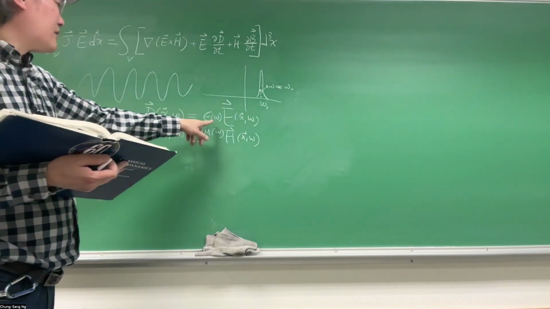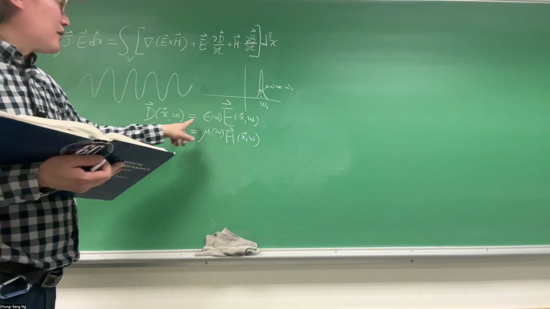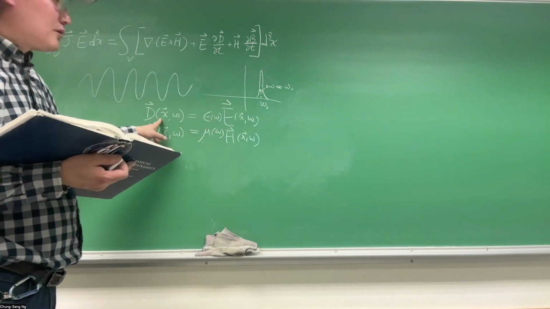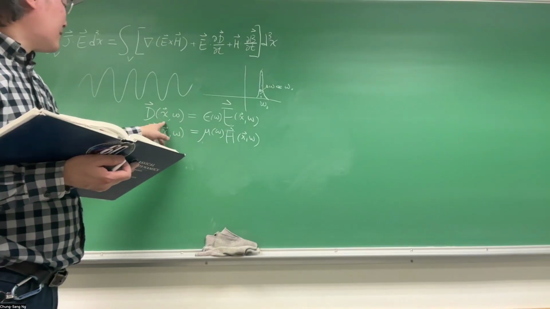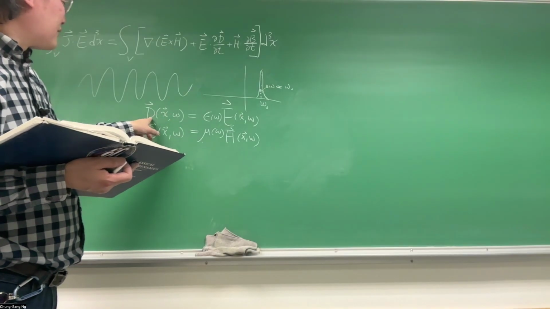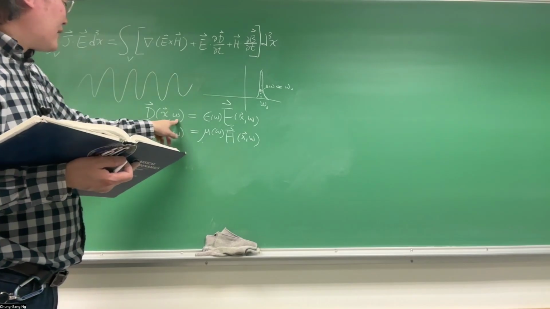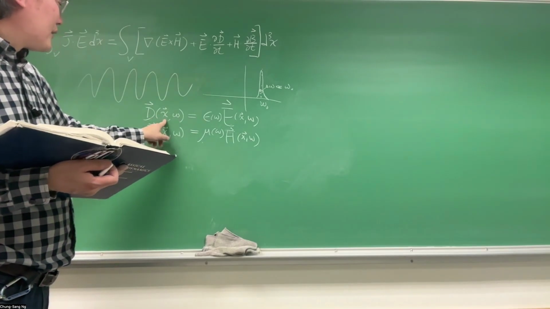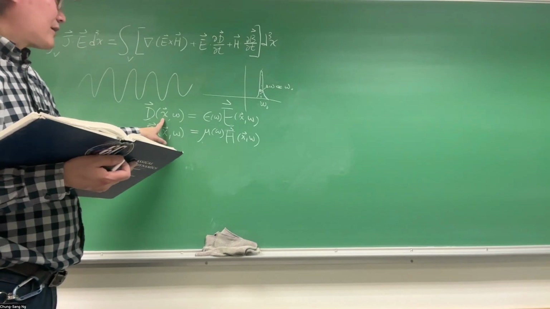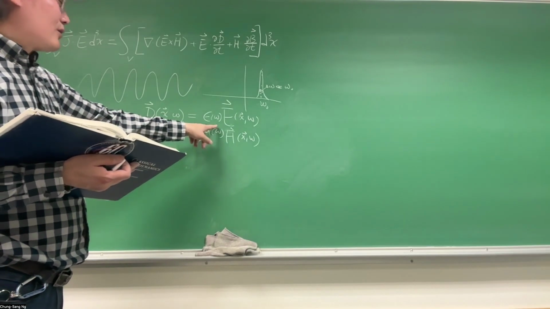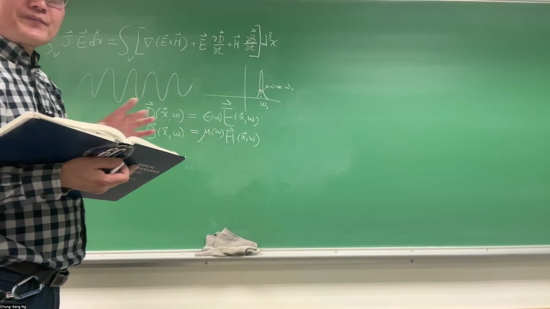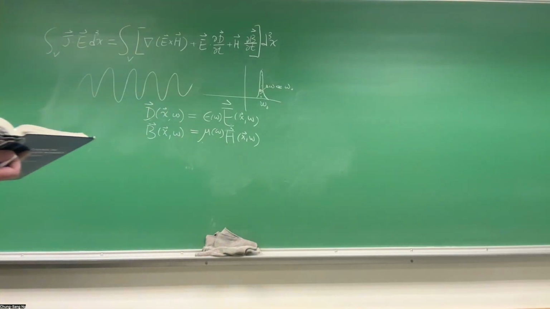Sometimes you need to do a Fourier transform not just in time, but in space also. In that case, that would be a Fourier transform of D depending on omega and also what we call the wave number vector, or wave vector. Then epsilon would depend on omega and k also, and that is even more general.